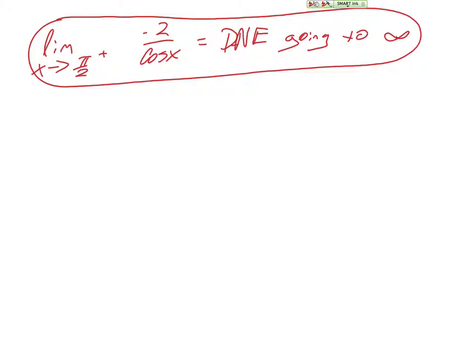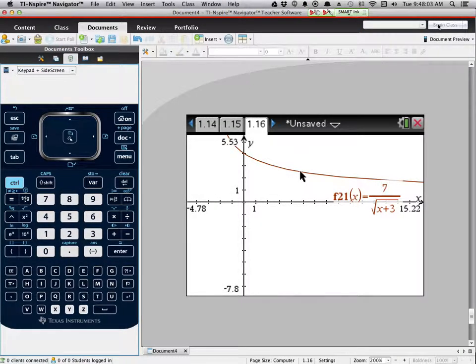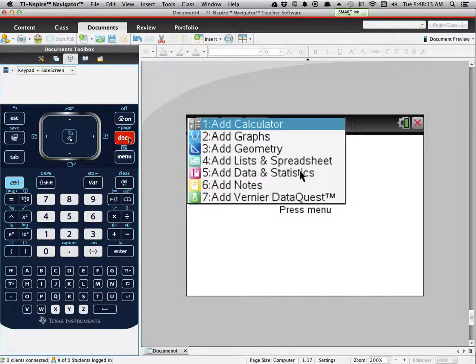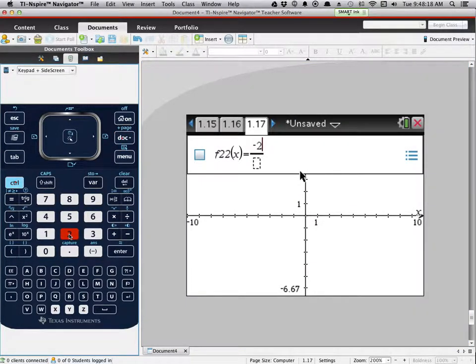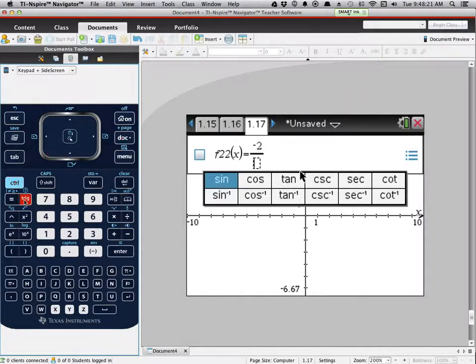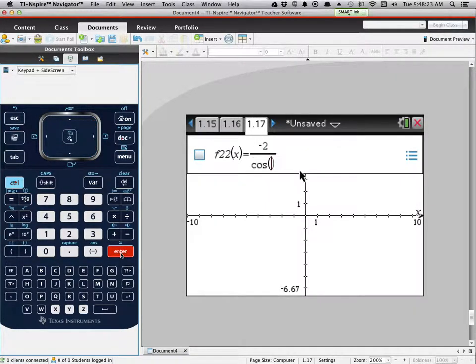Let's verify that. We've got -2 over cosine of x. When we graph this, approximately where is pi over 2 going to be on the scale of the calculator?